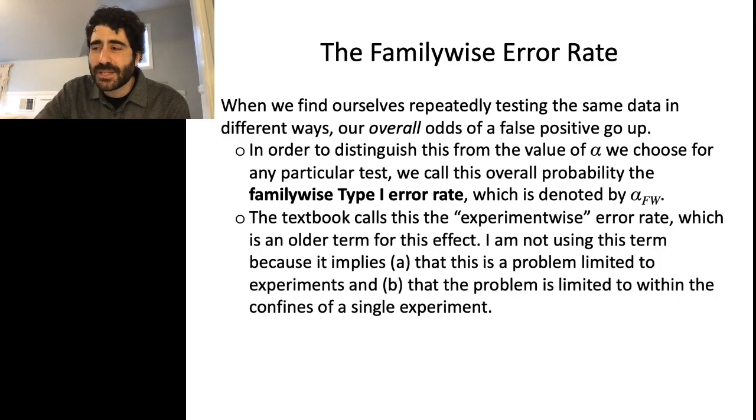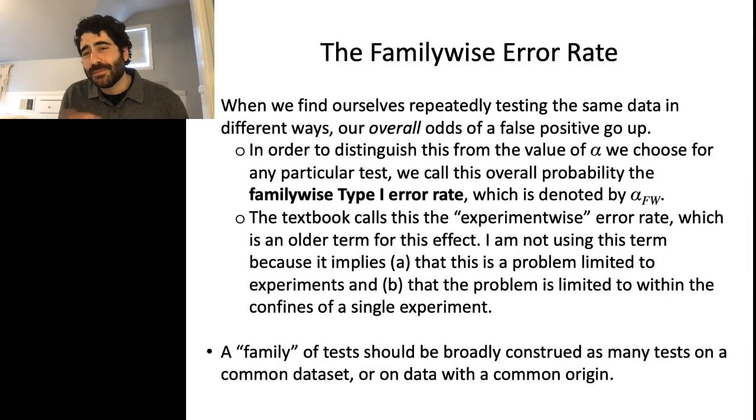In the textbook, they call this the experiment-wise error rate, because they're basically thinking of within a single experiment, you're running many hypotheses. But this term is kind of weird because, first of all, the problem's not limited to experiments. This is also true of observational data. And it also doesn't have to be within a single experiment. This can also happen if, for example, many different researchers are using the same data set and testing different hypotheses on it.